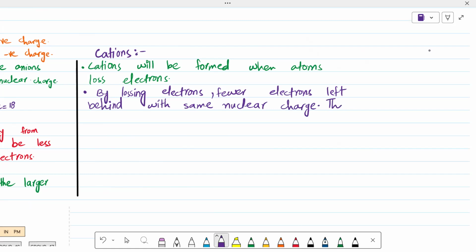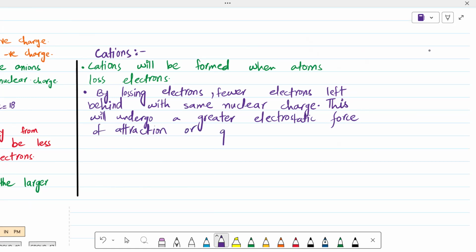This will undergo a greater electrostatic force of attraction, or greater nuclear pull. Clear?